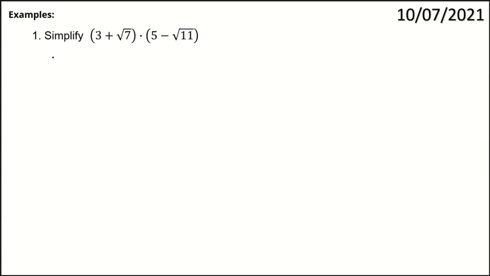Here, simplify 3 plus root 7 into 5 minus root 11. Here I am applying the identity root p plus root q into root r plus root s, where instead of root p I have 3, and instead of root r I have 5, because they are not under roots.